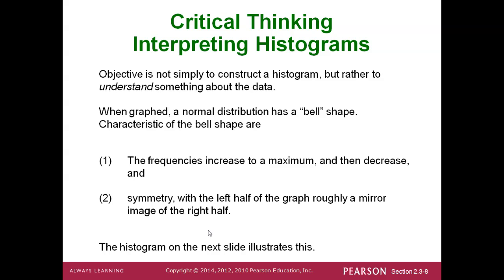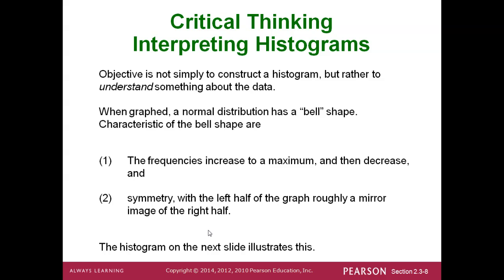The bell-shaped curve: the frequencies increase on the left side, are highest in the middle, and then decrease on the right side. It's almost symmetric, where you could fold it in the middle and it would match up. That's normal distributions.